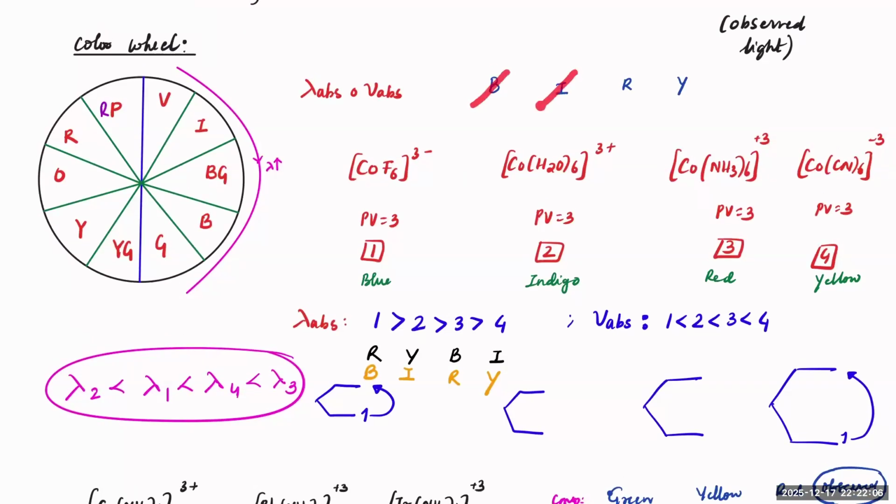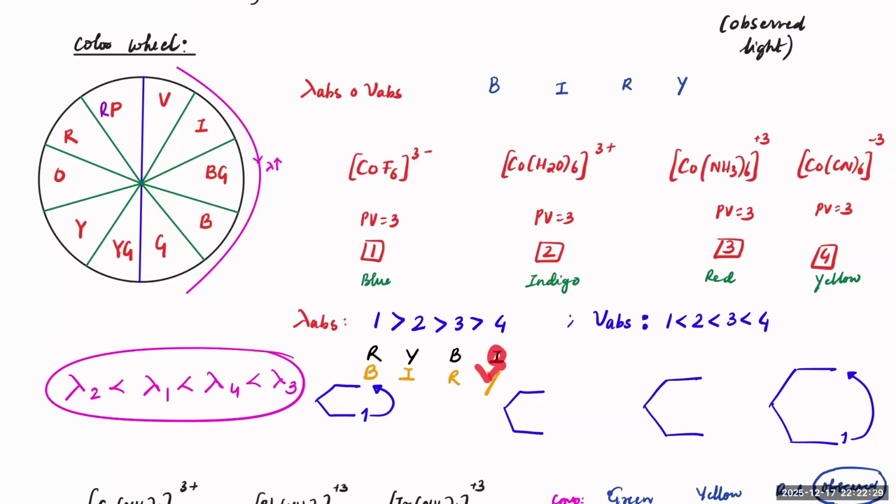If BIRY, these are the colors we are able to see, then what might be the respective complementary colors? Check out. For red, the complementary color is blue. For yellow, the complementary color is indigo. For blue, the complementary color is red.